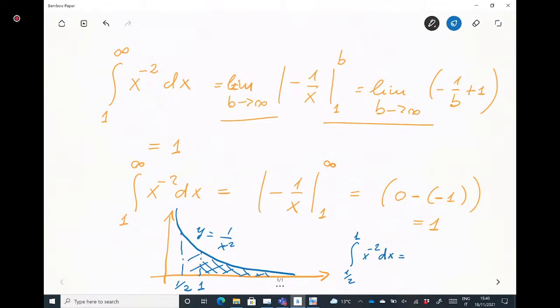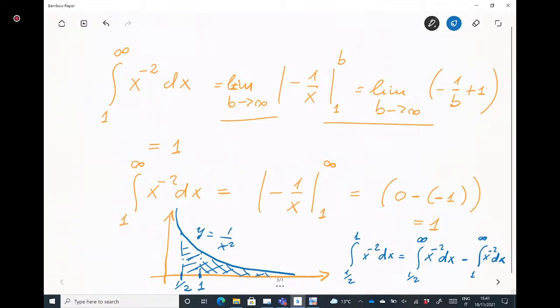But you can regard this area here as the difference between the area from 1/2 to plus infinity and the area from 1 to plus infinity. So you can write that it is the difference between the integral between 1/2 and infinity of x to the power minus 2 dx and the integral between 1 and infinity of x to the power minus 2 dx.